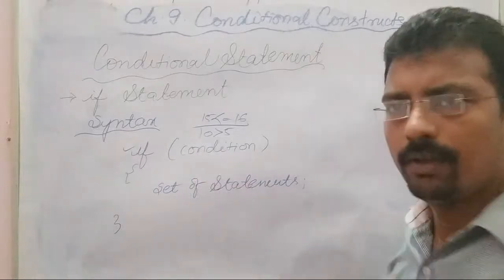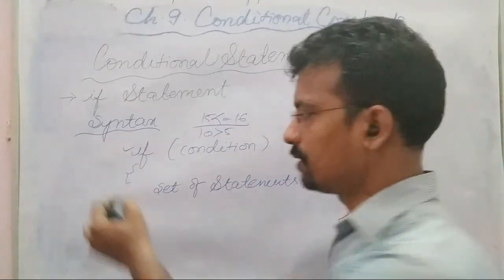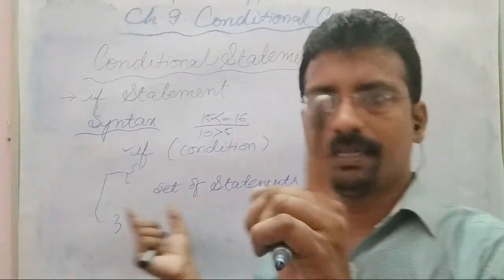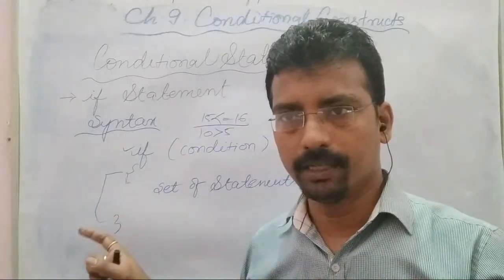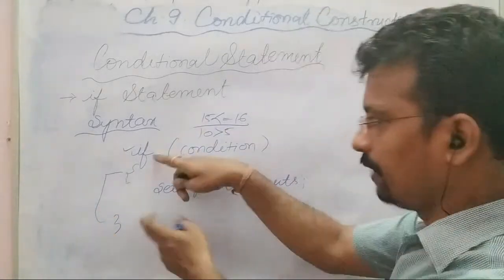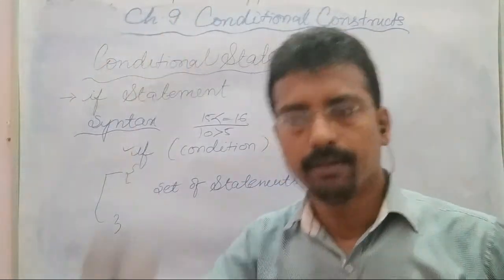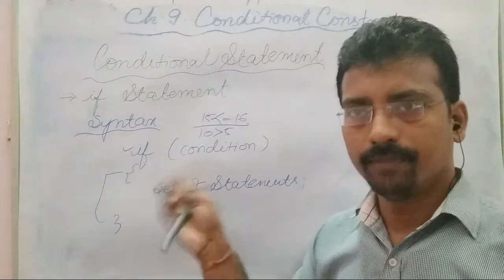When this condition gets true, this area is called the block of if. If there is just one statement after if, there is no need of this block; you can avoid it. This is optional. But if it contains multiple statements, you need the block. I will show you with an example, so the syntax becomes a little clearer.